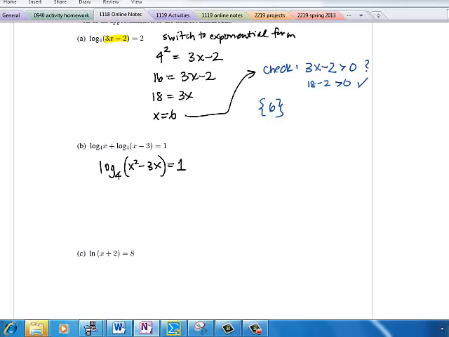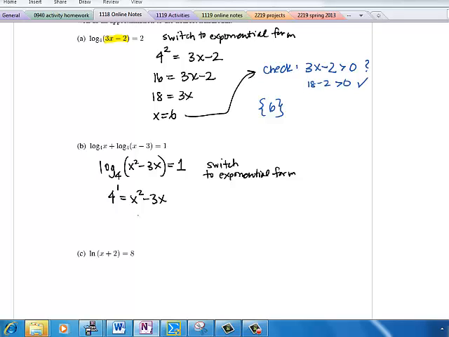So first get a single logarithm and then switch to exponential form. Which would say base 4 with the exponent 1 is x squared minus 3x.